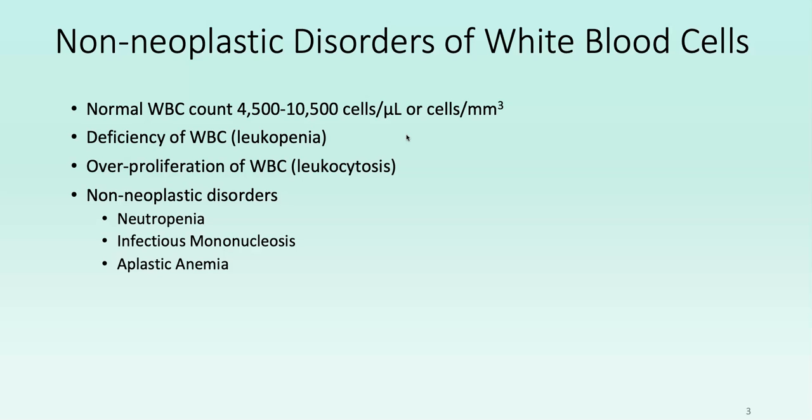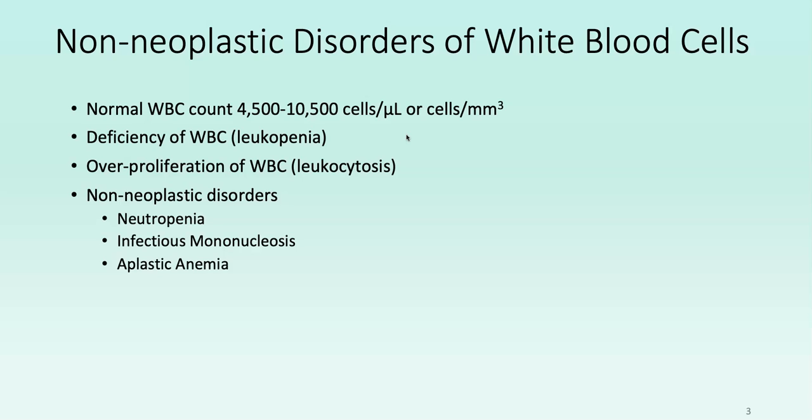And once a person is infected with the Epstein-Barr virus, their B lymphocytes will carry a portion of the virus, which becomes a part of the genetic makeup of the B lymphocyte cells.